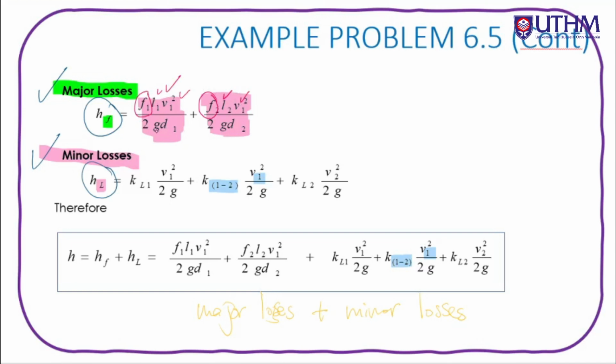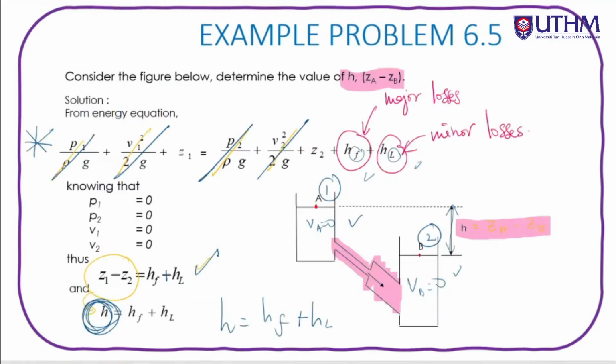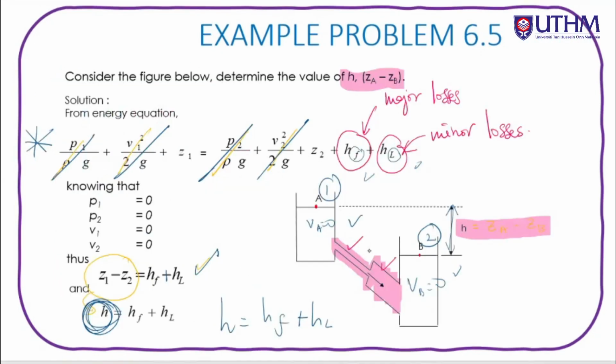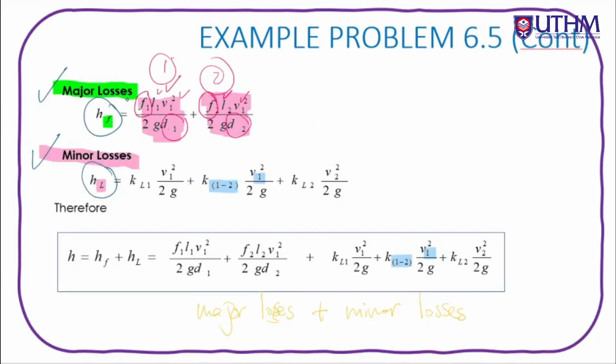D1 is for diameter 1 and D2 is for diameter 2. If we look here, the D here is different from the D here. This is just theory since no information is given, so we just write it like this. That's why there are two terms, since there is one pipe here and one pipe here. So that is on the major losses.